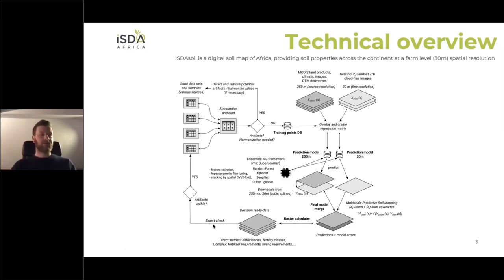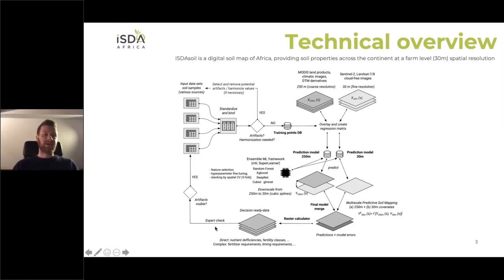Us data nerds who just like training machine learning algorithms, we don't want to get carried away, so we have to put the data in front of the soil science experts who know what to expect and can help us identify any issues which can come from algorithms or from normally dirty data being put in.